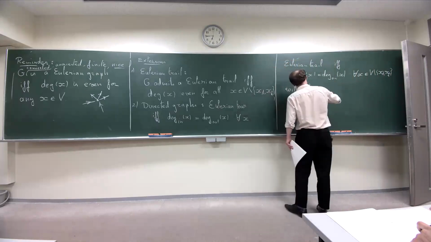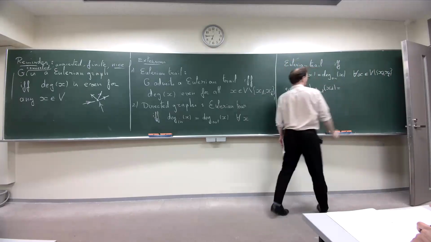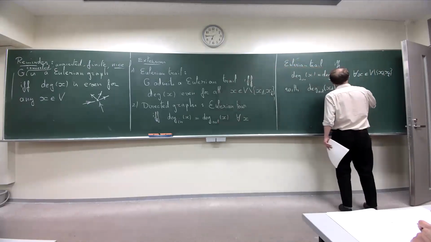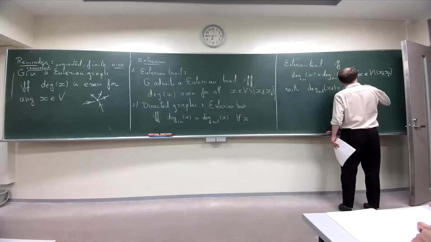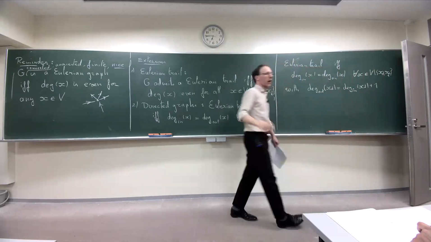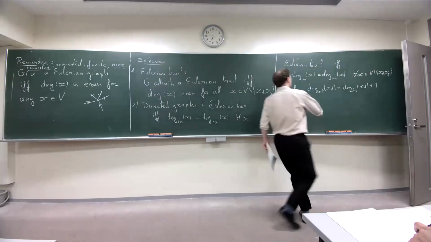The deg out of the first one has to be the deg in plus 1. You have one more edge starting at this point.